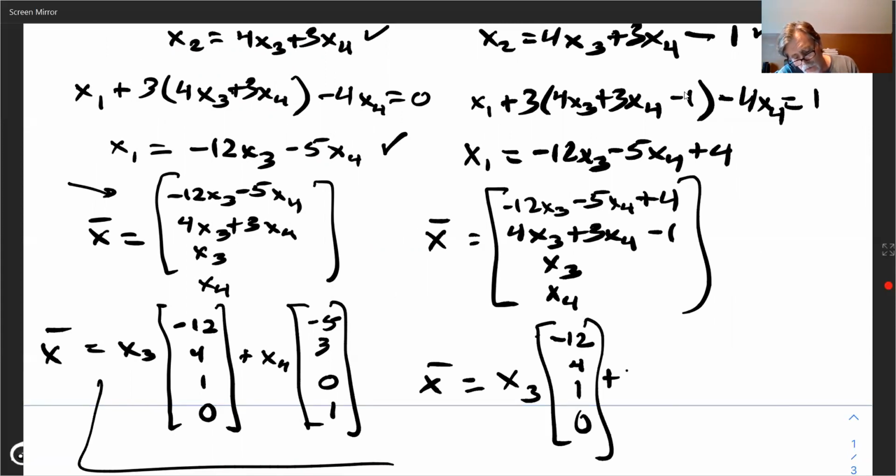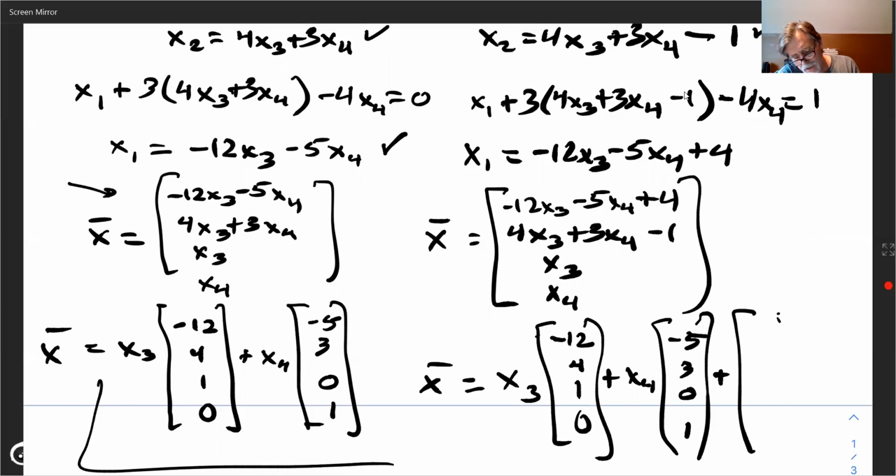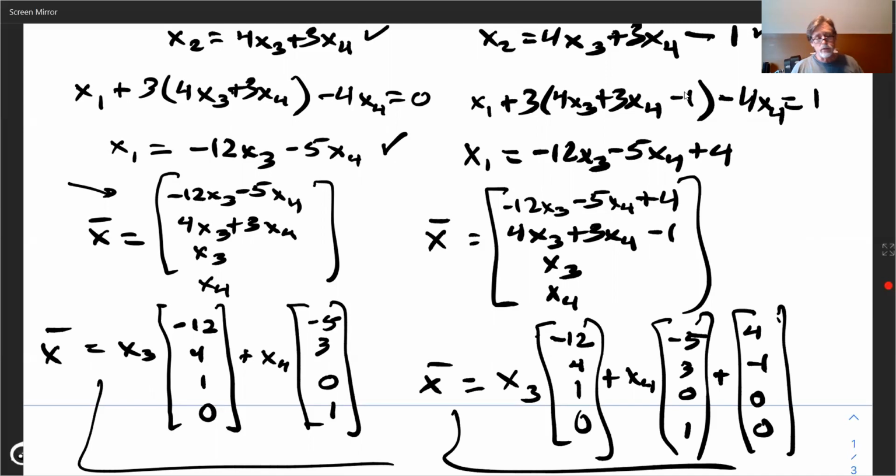And then there's an x4 vector, and that's identical because it's going to go minus 5, 3, 0, and 1. But finally, there's this so-called constant vector, if you will. And the constant vector is 4, negative 1, and there's nothing, and there's nothing. And there you go. I wanted to do this side by side so you can see this.